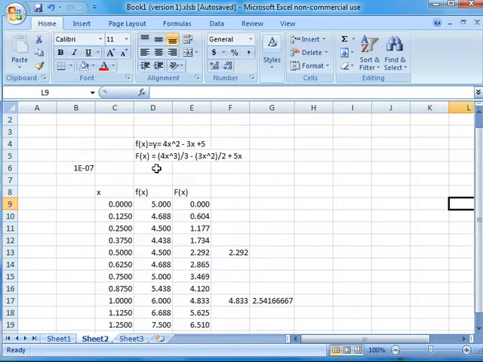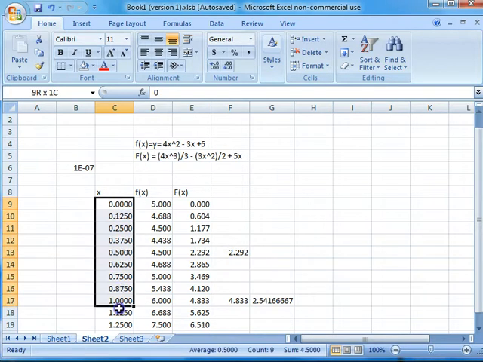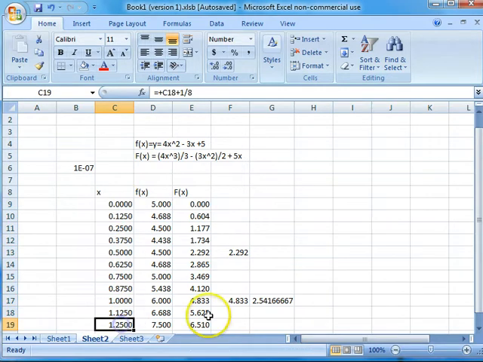So I have prepared these tables with the following information. This would be the domain of x, and we're going to vary it from 0 to 1.25 in steps of 1/8, and we can compute the value of f of x, and we have here the formulas.